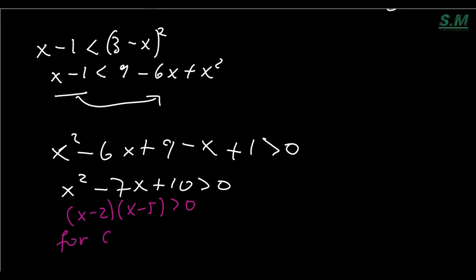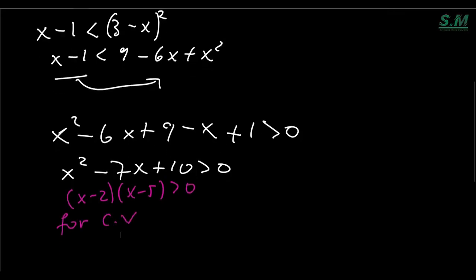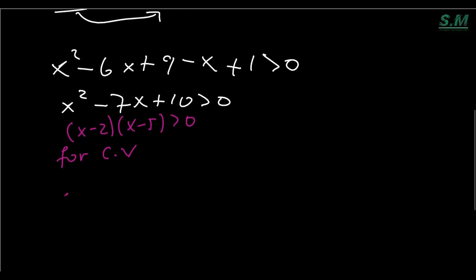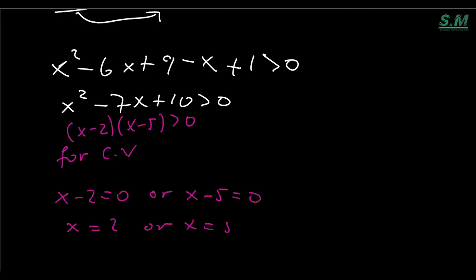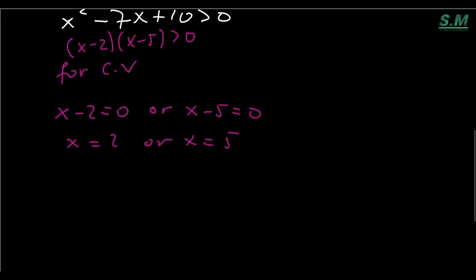Now we are going to take critical values. For critical values, we have x minus 2 equal to 0, or x minus 5 equal to 0. So we get either x equal to 2 or x equal to 5. Representing these solutions on a number line, we have the point 2 and the point 5. They are exclusive.